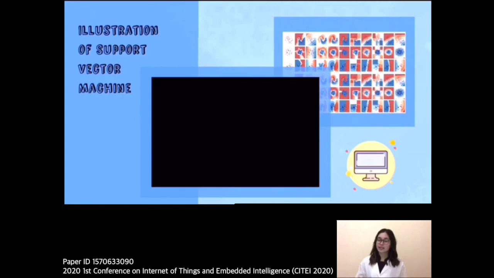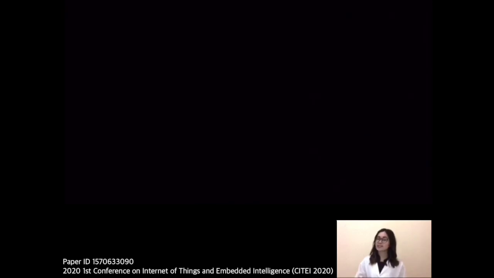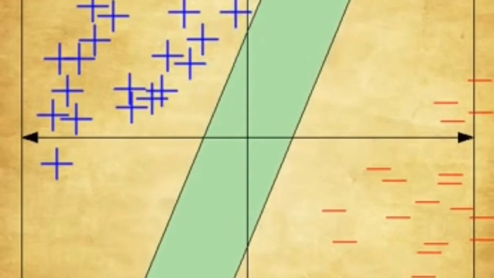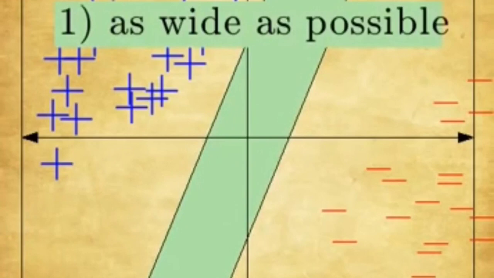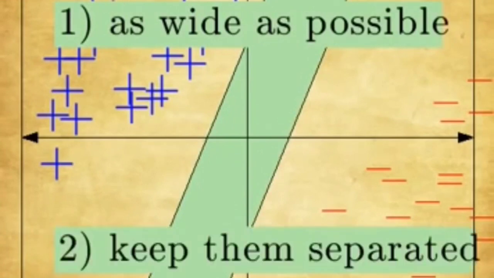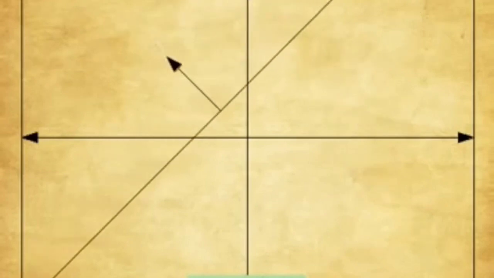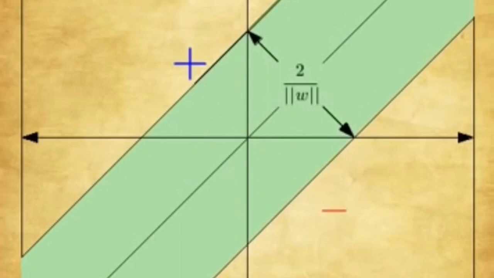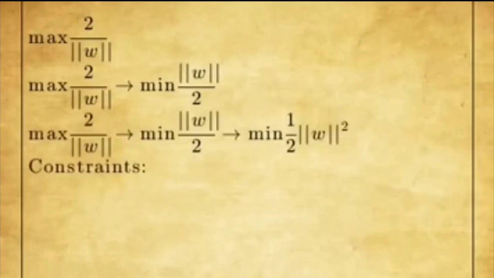For better understanding, let's take a look at this little illustration of support vector machine. As we can see on our screen, our goal is to make the margin as wide as possible and keep the classes separate. For example, we divide the positive area and the negative area. And the function, if we summarize it, is like this.